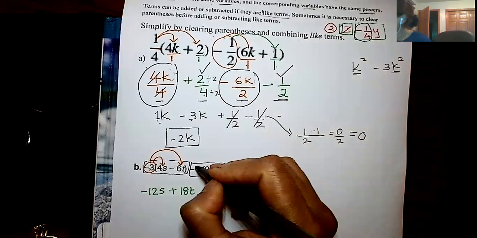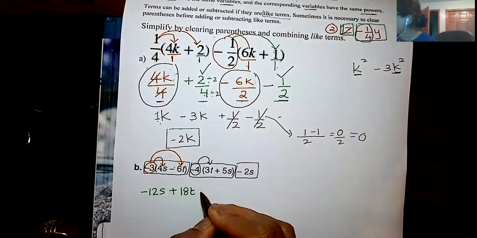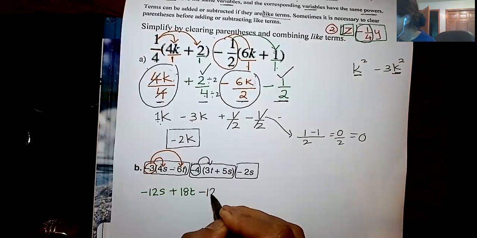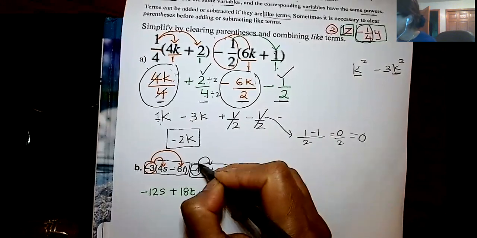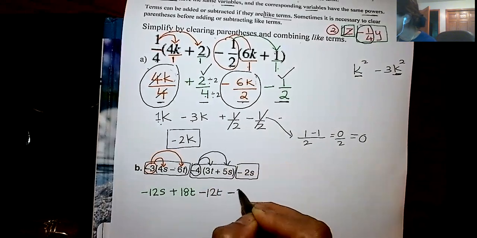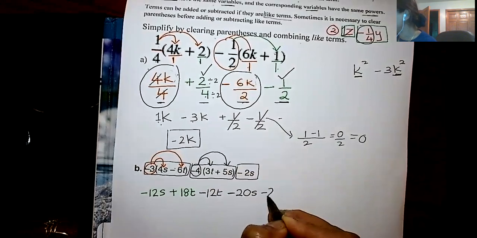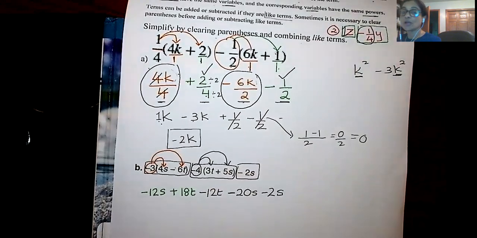Next, -4 is distributed to 3t, so I get -12t. -4 is distributed to 5s, and I get -20s. And the last term is -2s.